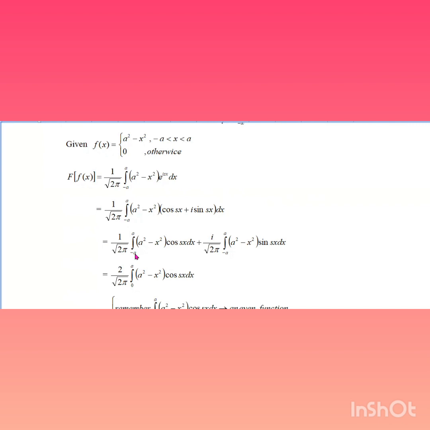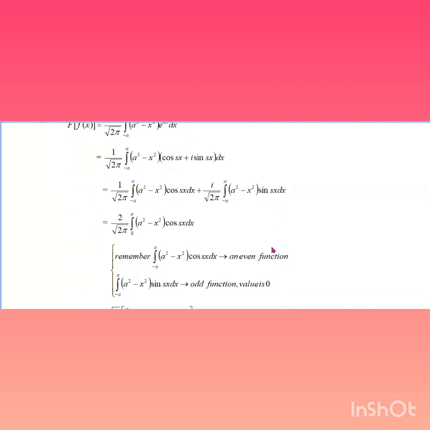1 divided by root 2 pi integral over the limit minus a to plus a, a square minus x square cos sx dx, plus i divided by root 2 pi integral over the limit minus a to plus a, a square minus x square sin sx dx.